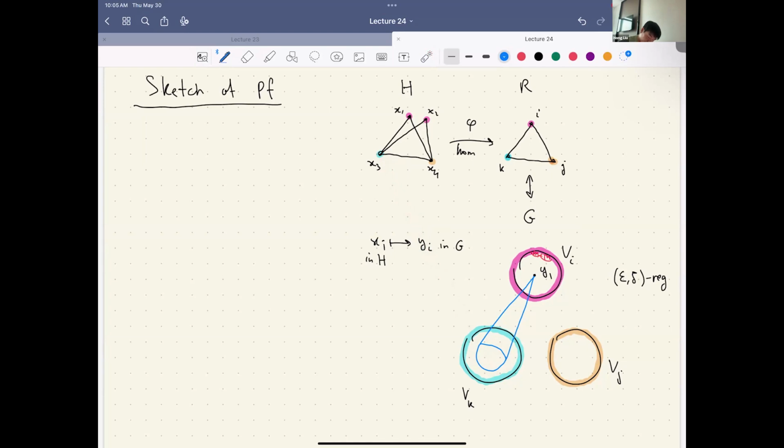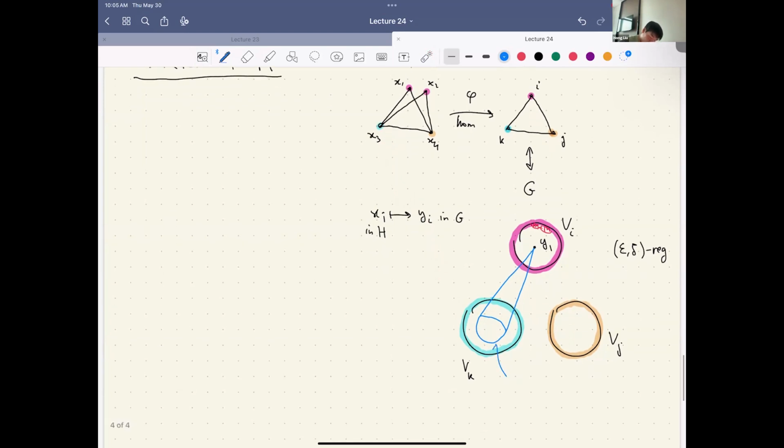This is at least delta minus epsilon times vk, right? Same thing here. Good. This is what I mean by update.